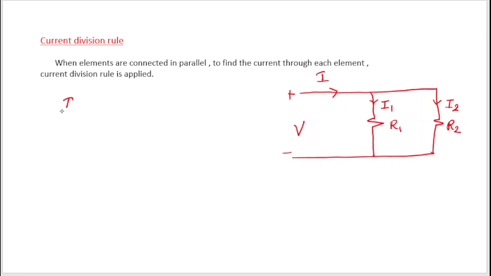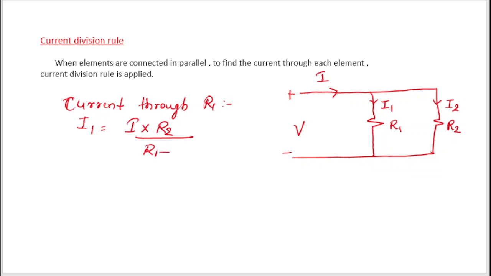To find I1, the current through R1: I1 is equal to total current I into the other resistor, that is R2, divided by the total resistance R1 plus R2. This is the current through resistor R1.